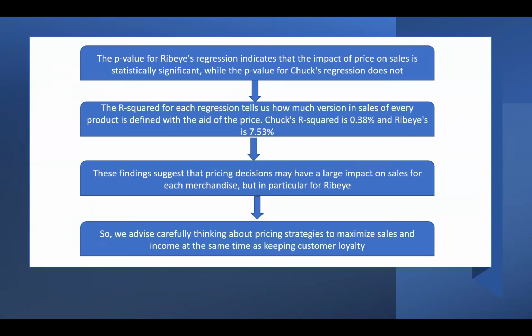These findings suggest that pricing decisions may have a large impact on sales for each product, but in particular for ribeye. So we advise carefully thinking about pricing strategies to maximize sales and income while keeping customer loyalty.